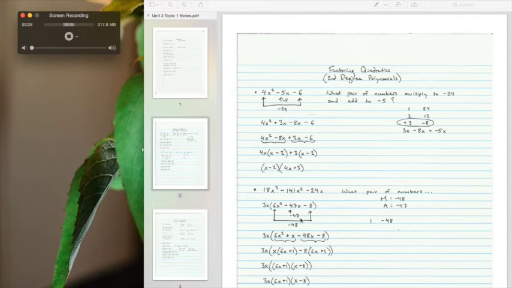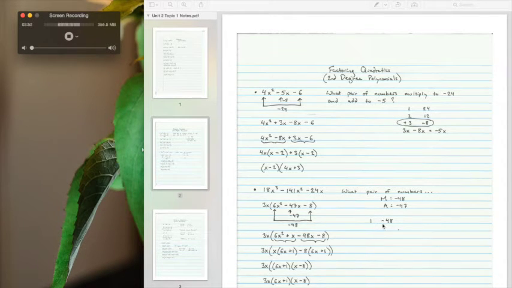Then I'm going to have a look at this middle term, the first degree term. The coefficient there is negative 47. I'm going to ask myself, what pair of numbers multiply to negative 48 and add to negative 47? Well, those are big numbers that might look a little bit scary to you, but since we need them to add to just one number off from 48, I think that the factors 1 and 48 might do the trick.